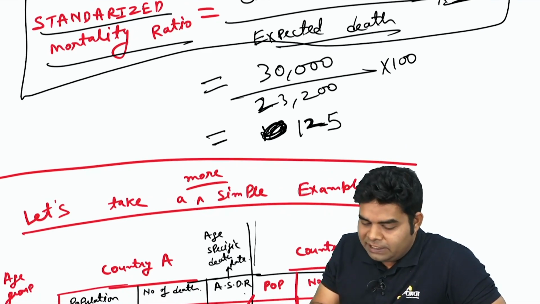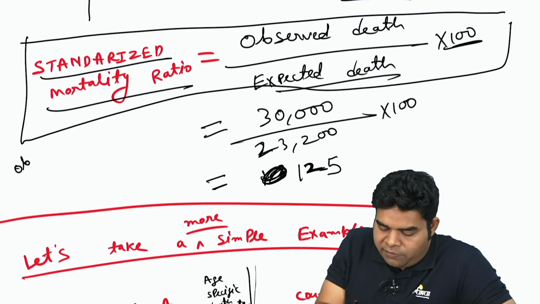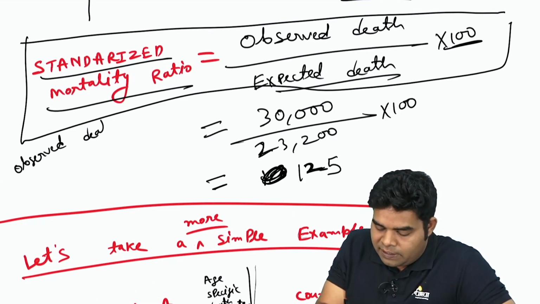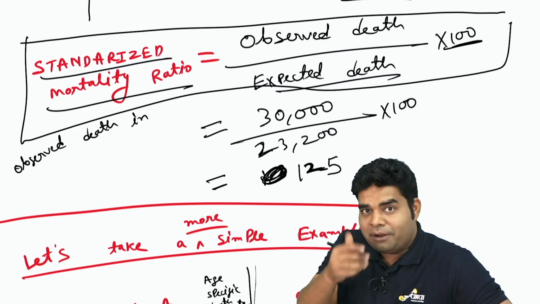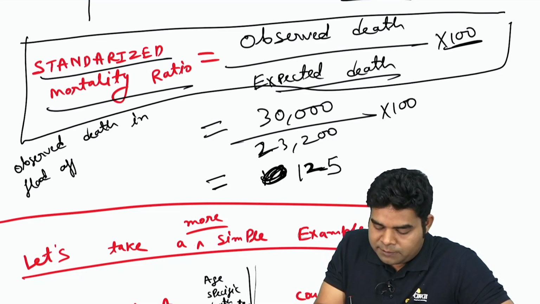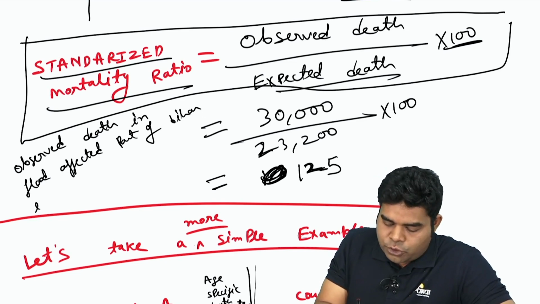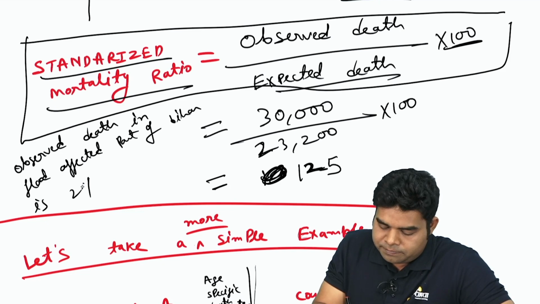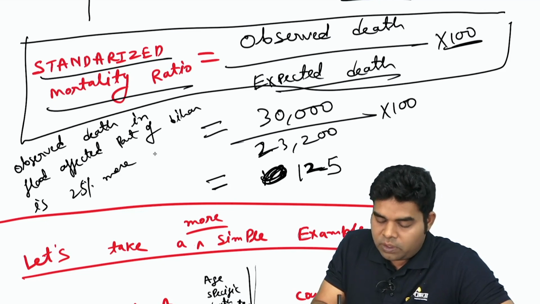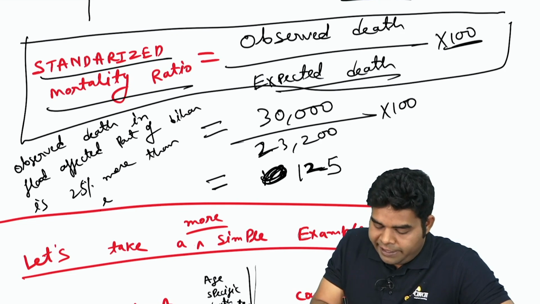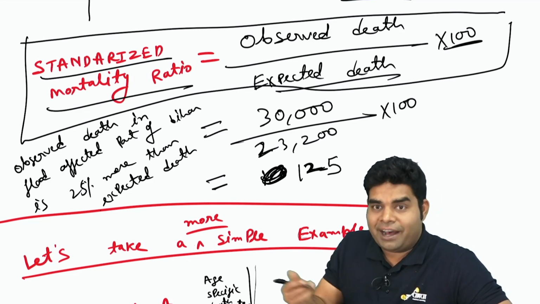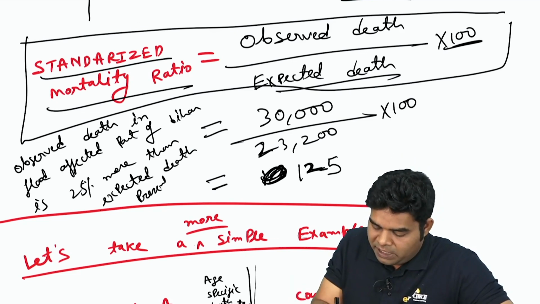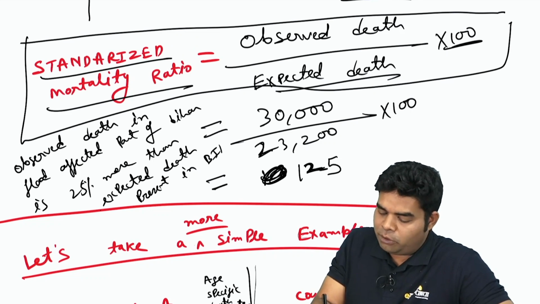125 simply means that the observed death in flood affected part of Bihar is 25% more than expected death present in Bihar, as compared to the normal population of Bihar.